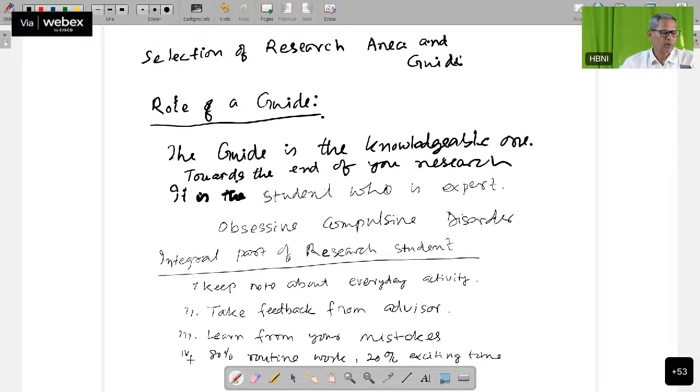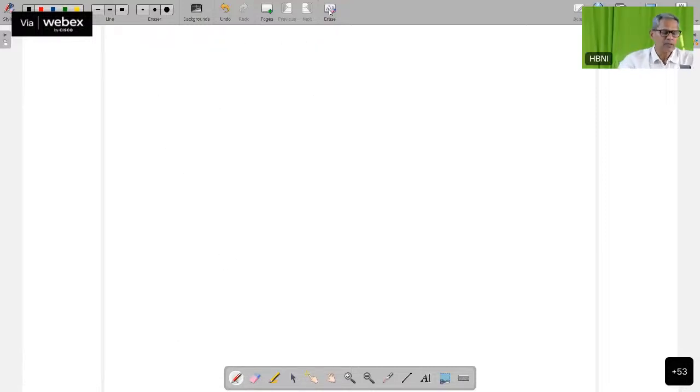You may find some other problem more interesting to pursue. So then your problem definition is subject to change. You can also change your problem, but this you can only do at the early part of your research, because you can't do this towards the end of your research.